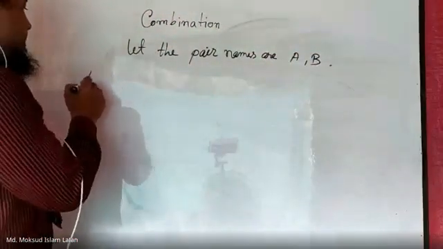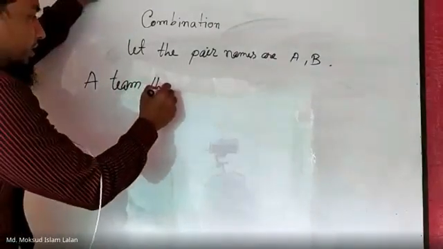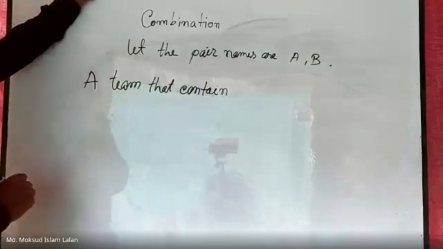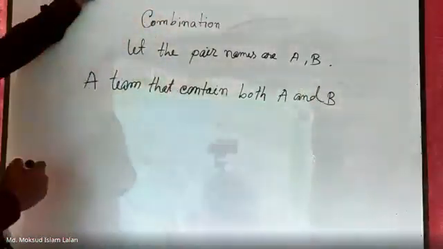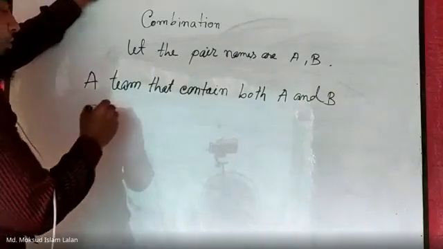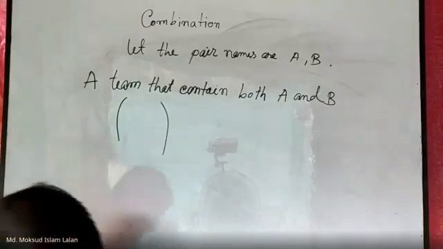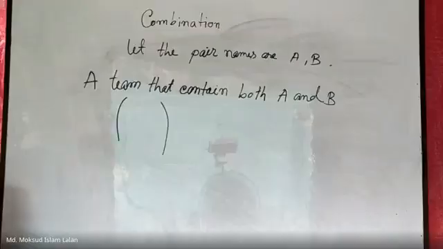Now write a team that contains both A and B. So how many ways can you form it, dear students? 10 C 3, sir.